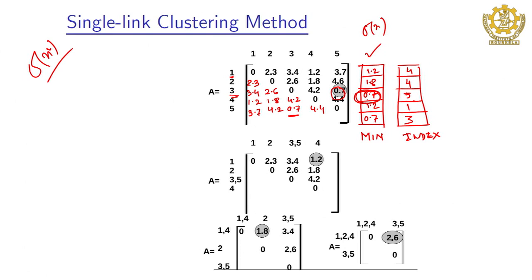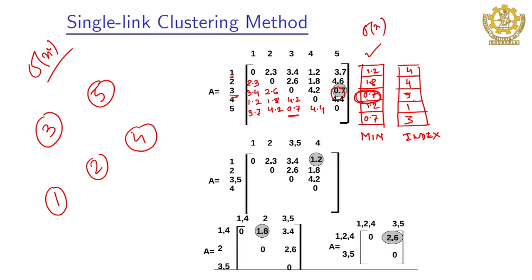So now here is an important point. 3 is here, 5 is here, let us say 1 is here, 2 is here and 4; 1, 2, 3, 4, 5. So there are 5 points. Now, when we merge clusters 3 and 5, there is no change in the distance between clusters 1 and 2 and 2 and 4.